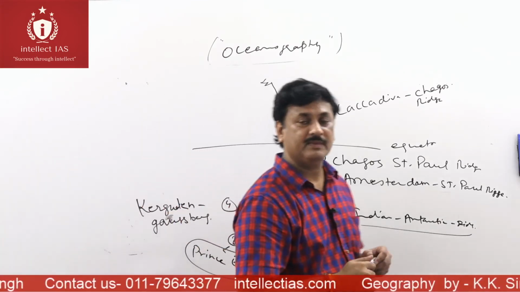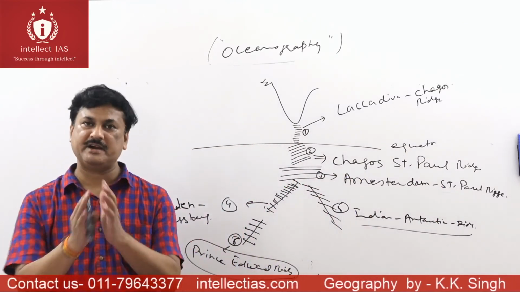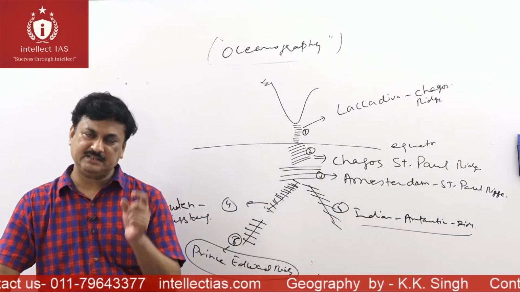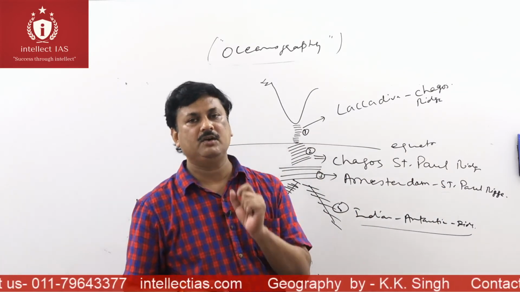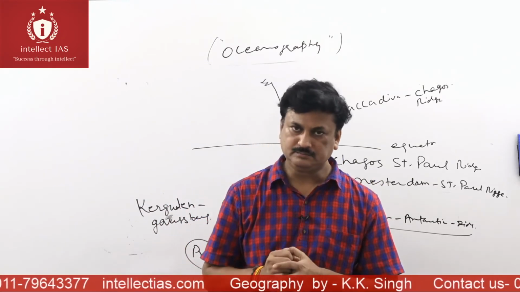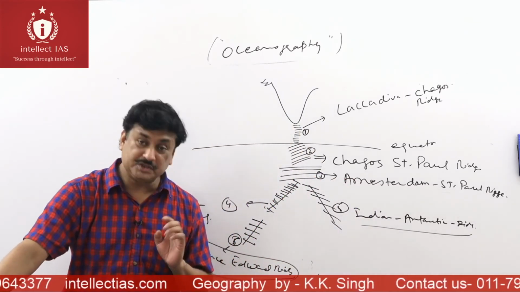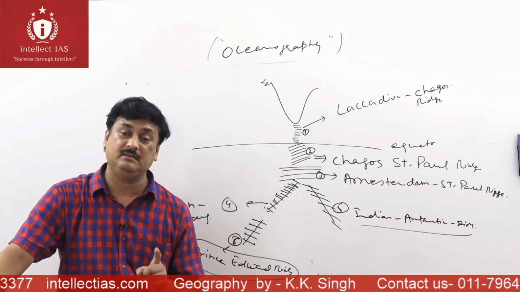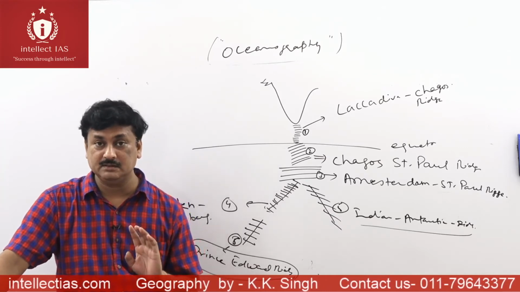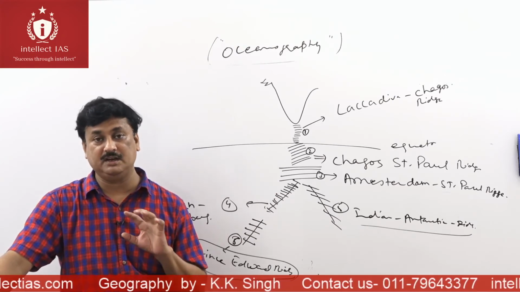So these ridges are very important from the preliminary point of view. What are ridges? Ridges are basically two chains of mountains separated by a very large depression. They are found on the divergent plate boundary. The mid-oceanic ridges are the longest mountain chain in the world, covering around 75,000 kilometers of the earth.